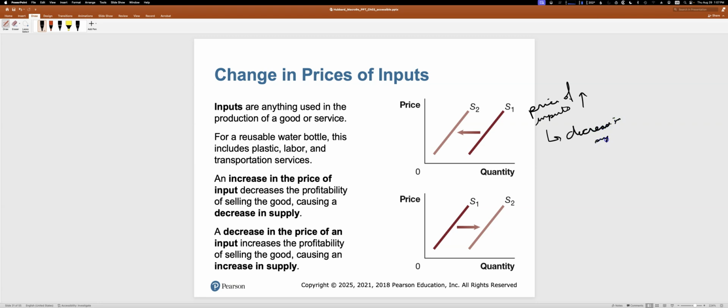Because essentially what that would mean is that at any given price, let's say again they're selling this thing for $10, now they don't want to sell as much because the inputs used to make that product are going up, so they're not making as much profit. And when the price of inputs goes down, that would be an increase in supply.